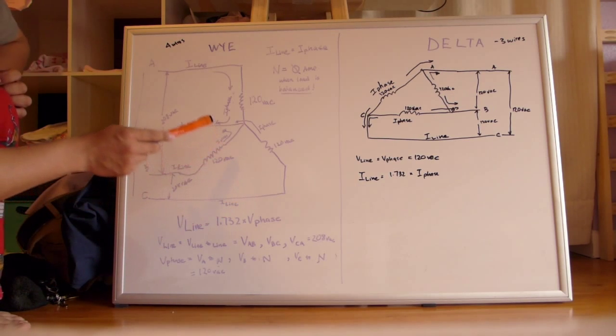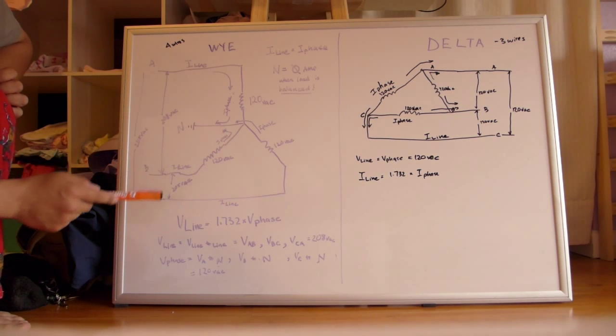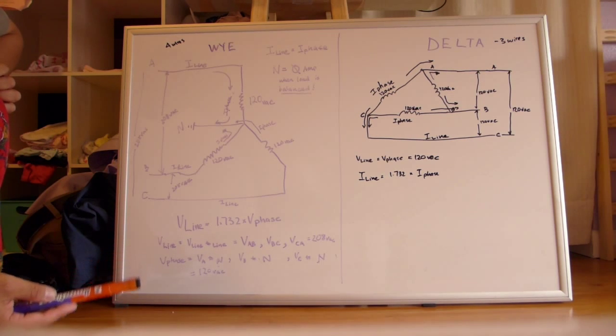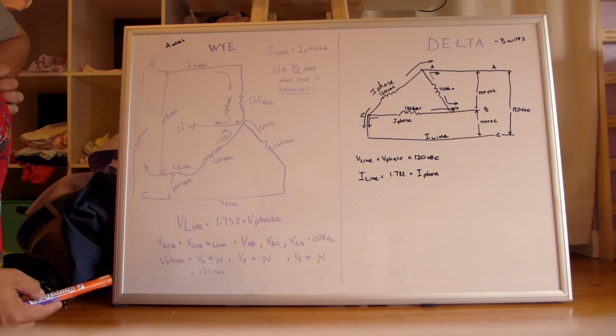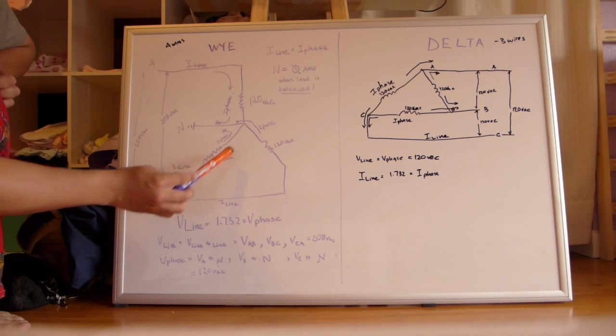Because from this phase to the other phase is 120 degrees, you have to add the voltages by vectoring. The hypotenuse of the vector is equal to 208 if both vectors are 120.